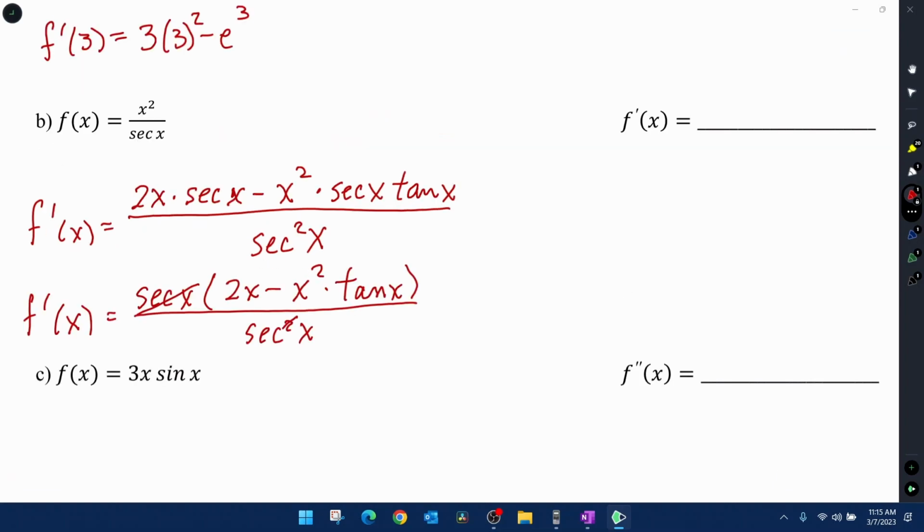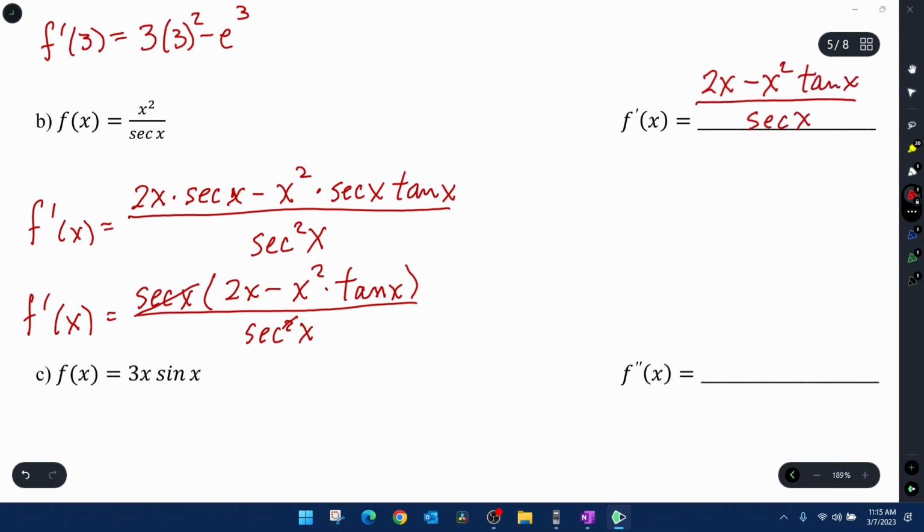And so my final answer here could be 2x minus x squared tangent x all over secant x, or an alternate correct answer could be 2x cosine x minus x squared sine x.